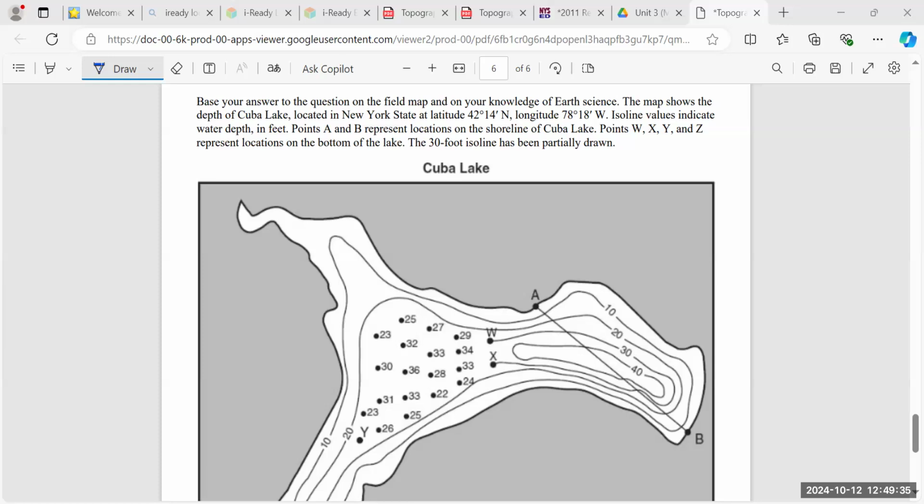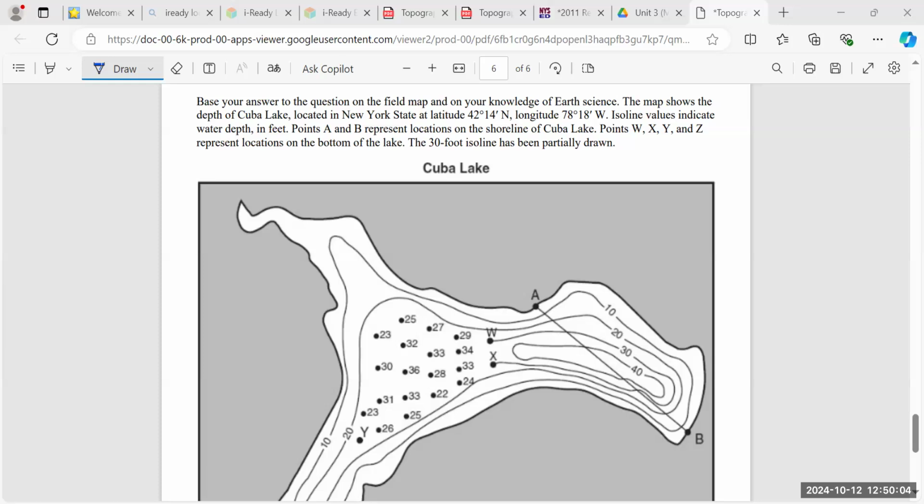If I'm starting right here at point Y and I'm going to point Z, then what will my direction be? Well, just in case you forgot, I'm going to move this up just a little bit and zoom this out just a little bit too. See this north, right? So I'll put it right here.